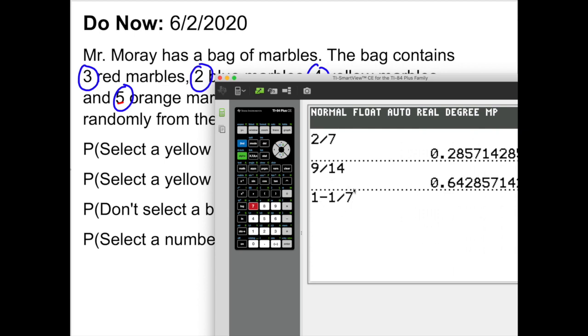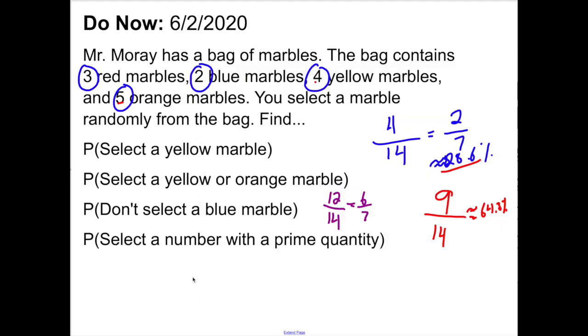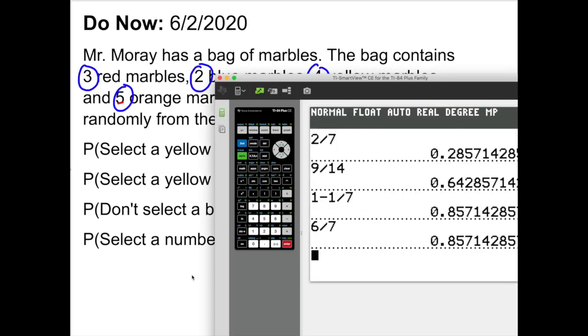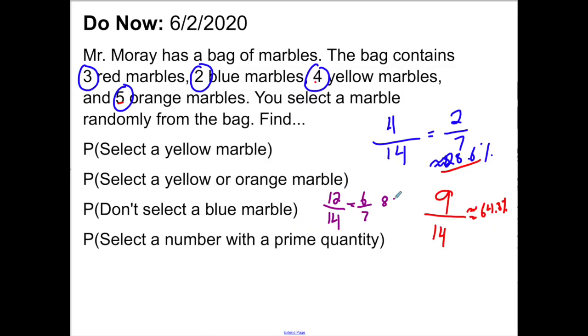So you have a 1 in 7 chance of getting a blue marble. So you have a 1 minus that chance, or an 85% chance. And then you could see also if we did 6 out of 7, right, we'd get the same thing. So you'd have about an 85.7% chance of not getting a blue marble.